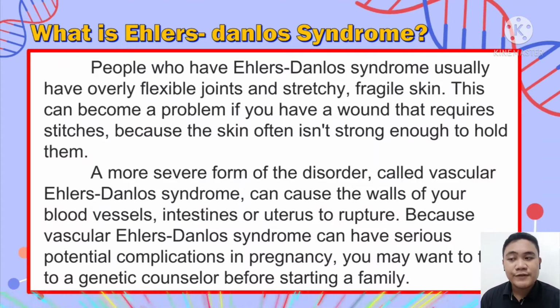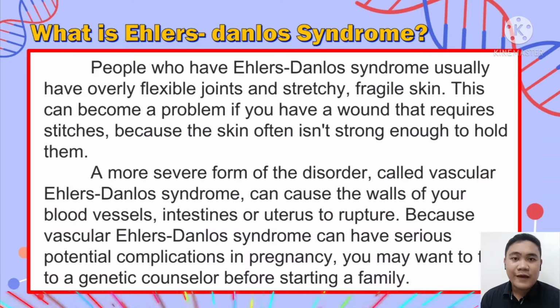A more severe form called vascular Ehlers-Danlos syndrome can cause the walls of your blood vessels, intestines, or uterus to rupture. Because vascular Ehlers-Danlos syndrome can have serious potential complications in pregnancy, you may want to talk to a genetic counselor before starting a family.